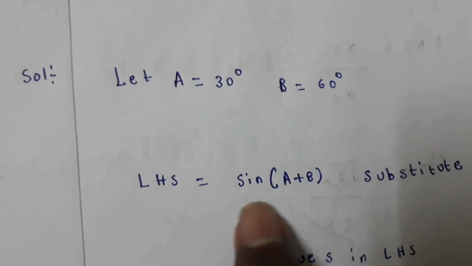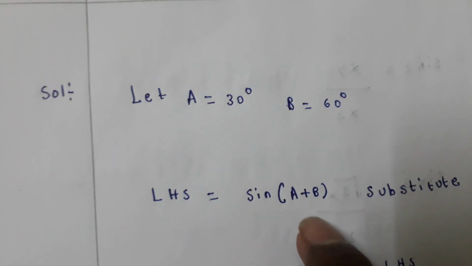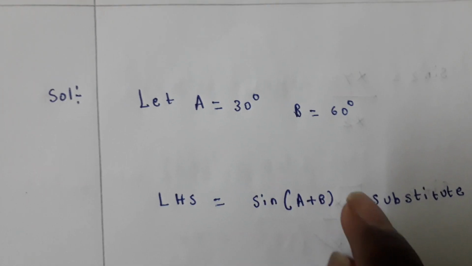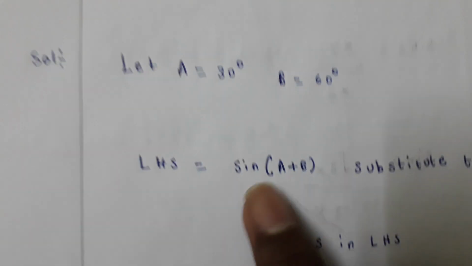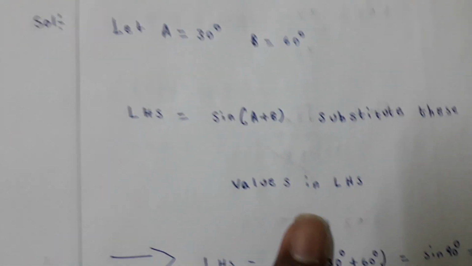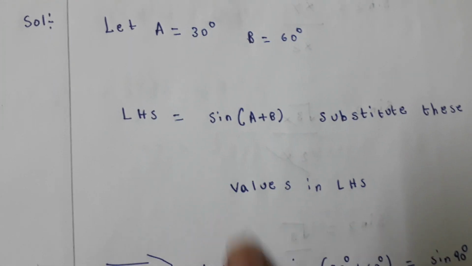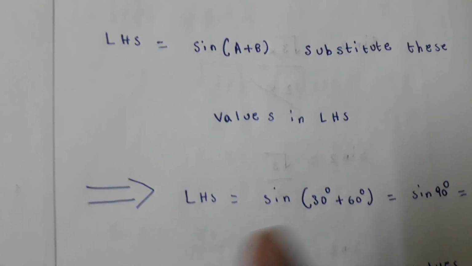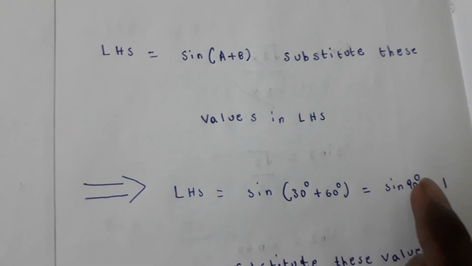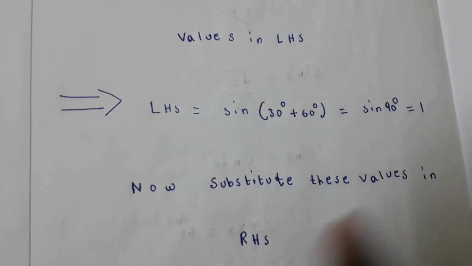LHS means the first one given, sine of a plus b. Substituting these values in LHS, LHS is equal to sine of 30 plus 60, which becomes sine 90, that is equal to 1. Now substitute the same values in RHS.